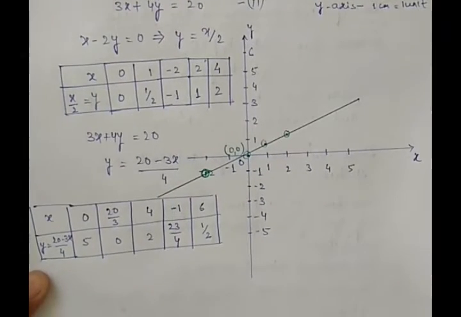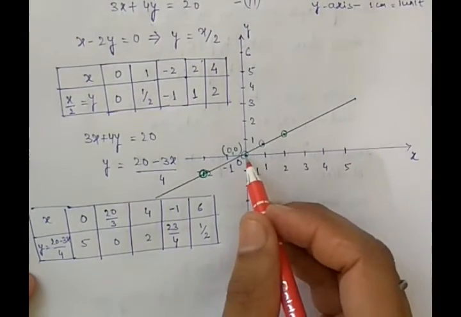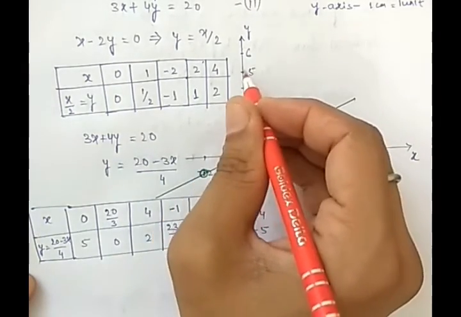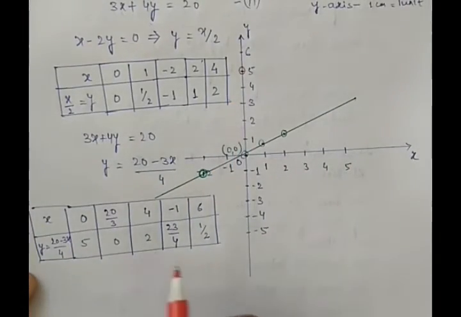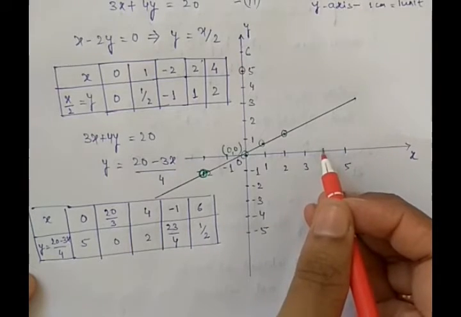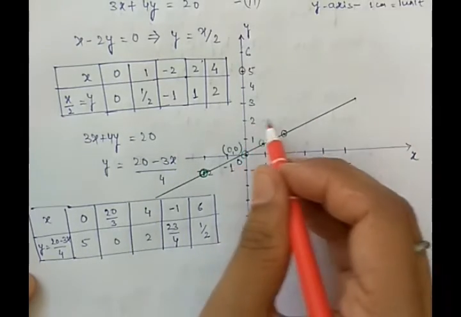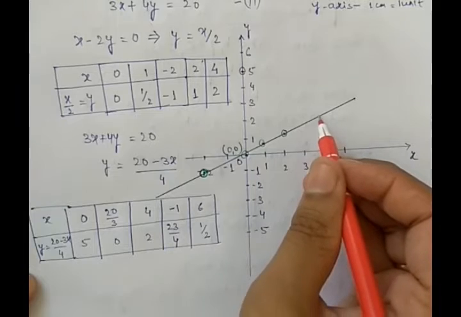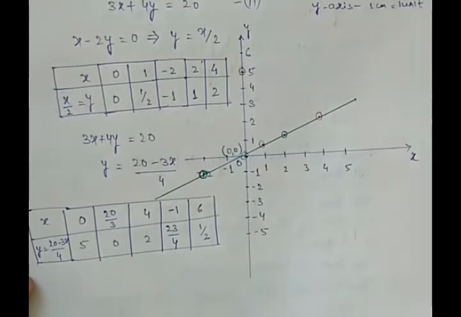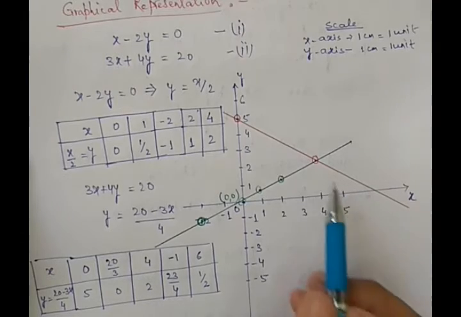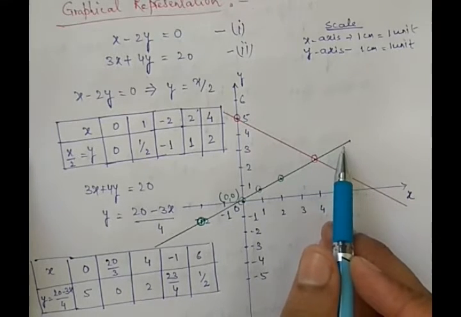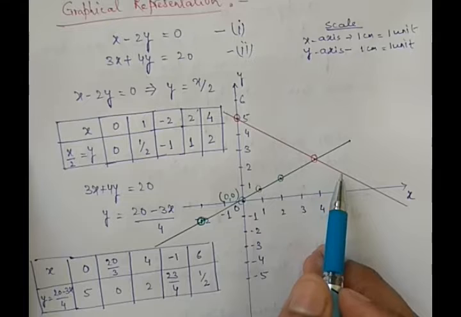When x is equal to 0, the value of y is 5 here. X is equal to 4 and the value of y is 2 here. If we join these 2 points, we have got the second line. This was the first line and this was the second line.